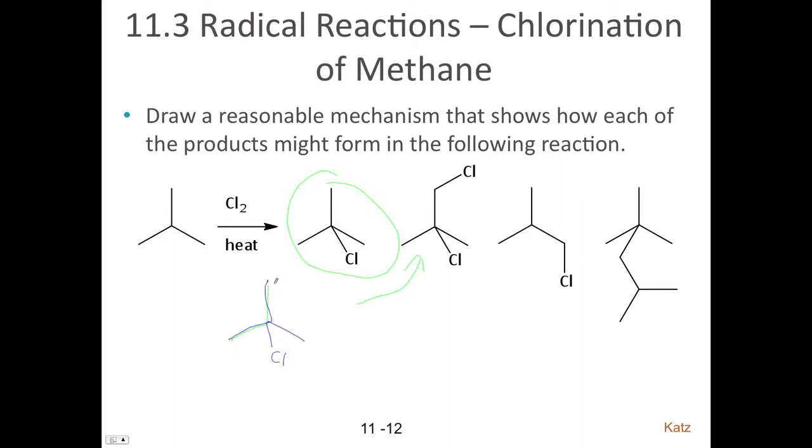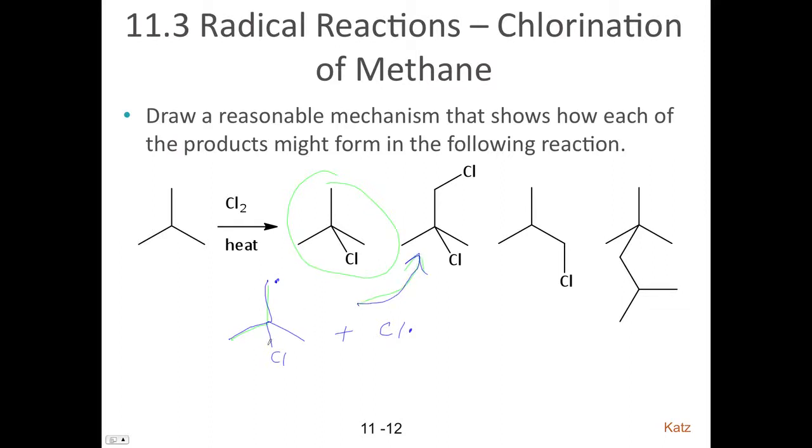You might have that radical right there, plus another Cl dot radical, in one of your steps, either in your propagation or your termination step, because you generate product in both of them, as you noticed. So that's where that might show up.